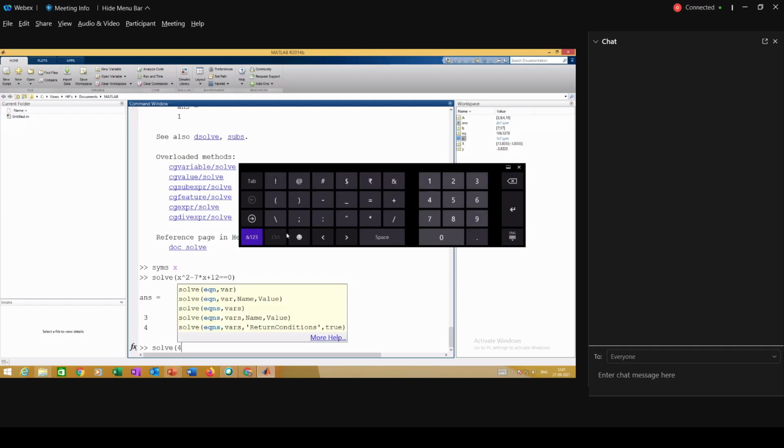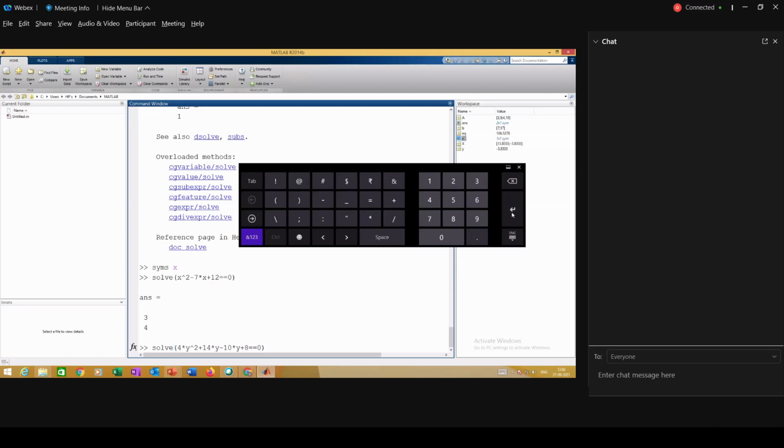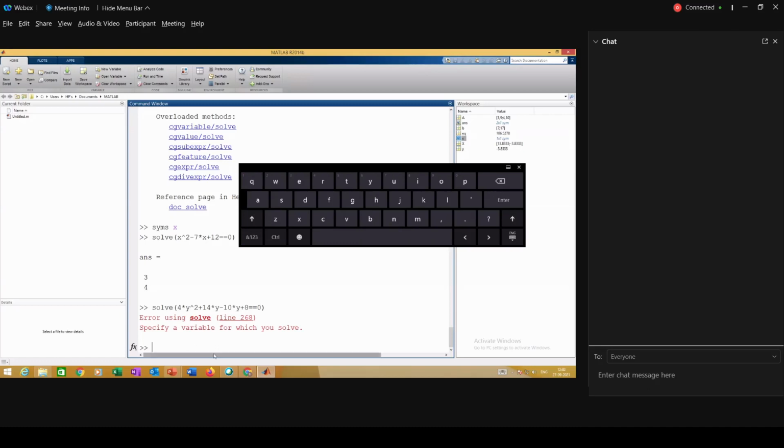Write the equation as y square plus 8 multiplied by, minus, multiplied, bracket, equal to.